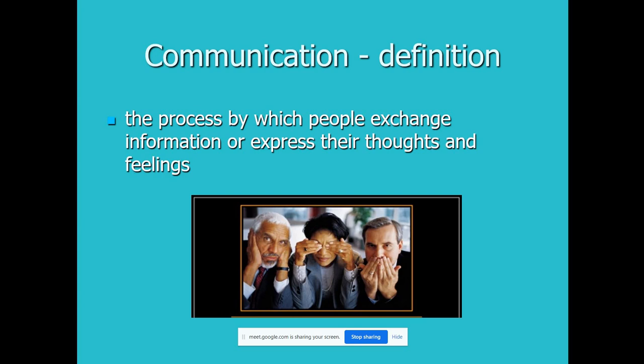One is not observing with his eyes, another has put fingers on his mouth. They are just observing and not speaking.